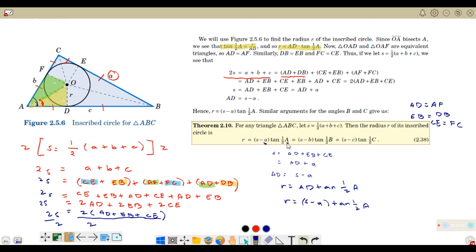Yun din yung gagamitin mo na angle. So, inline lang siya lagi. If you use angle A, then for the difference ng S minus side, dapat S minus A siya. Dito, you chose angle B. So, for the radius, you will use the side opposite it, which is B, for the difference, S minus B. Ganon din dito, C, C. Uniform yan. Okay?